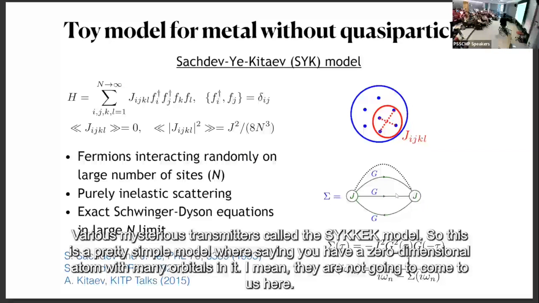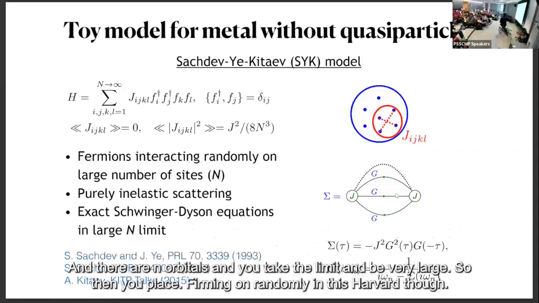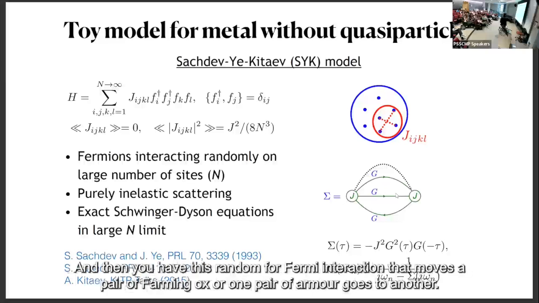This is a pretty simple model where you have a zero-dimensional atom with many orbitals in it, like these orbitals on the blue dots here, and there are N orbitals, and you take the limit of N being very large. Then you place fermions randomly in these orbitals, and you have this random four-fermion interaction that moves a pair of fermions from one pair of orbitals to another.